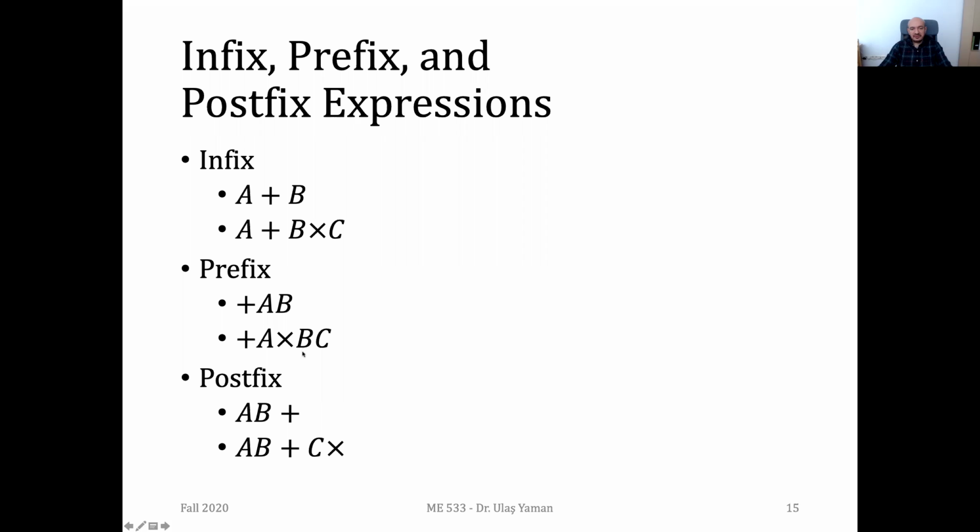Then once you come to B, right now you have two operands, but I have two operators, plus and multiplication. Since multiplication is more important and it comes after the plus sign here, we need to first do the multiplication. This will give us another operand, I'm sorry.